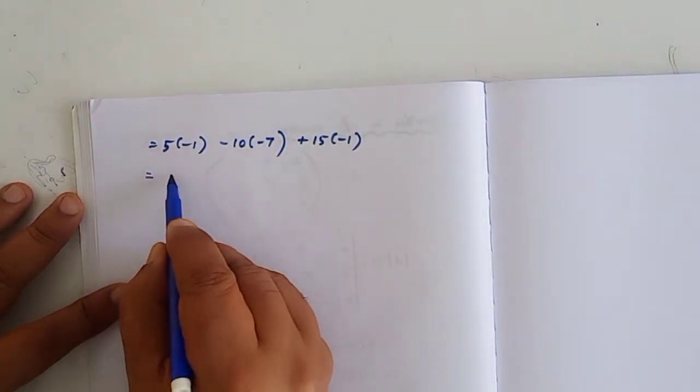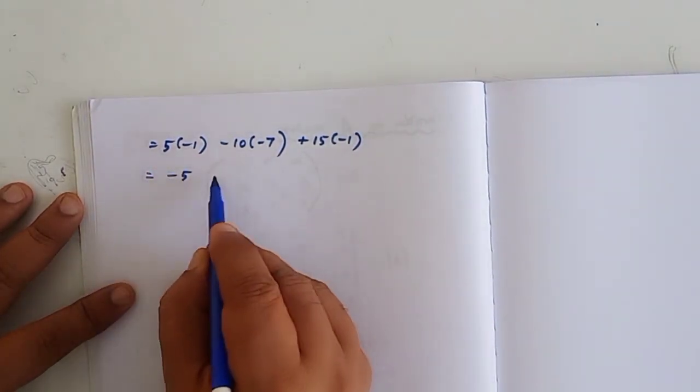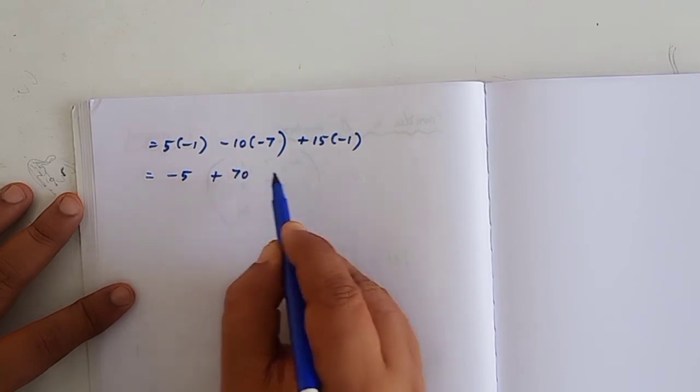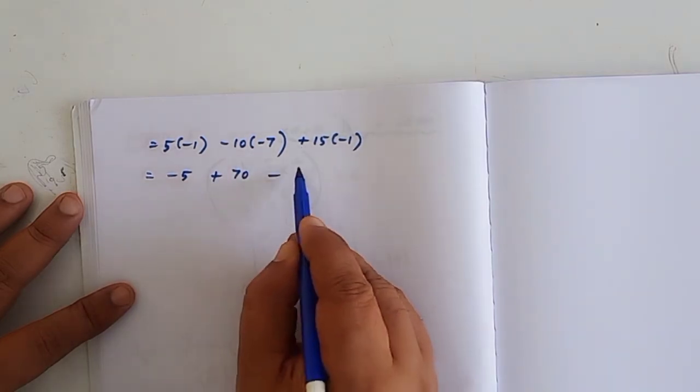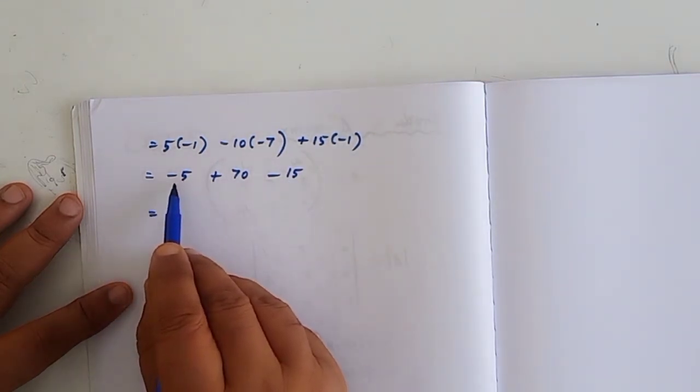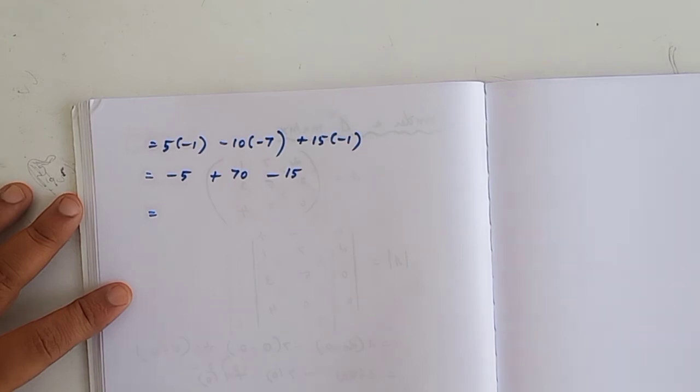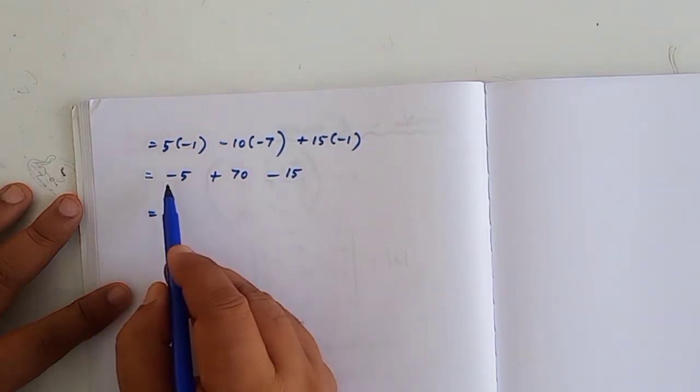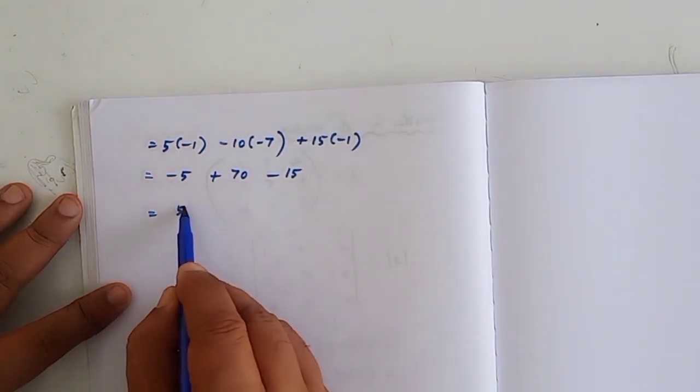That is equal to 5 into minus 1 minus 5 minus into minus plus 10 into 7, 70 plus 15 into plus into minus minus 15 ones are 15. That is equal to minus 15 minus 5, that is minus 20, minus 20 plus 70, that is 50.